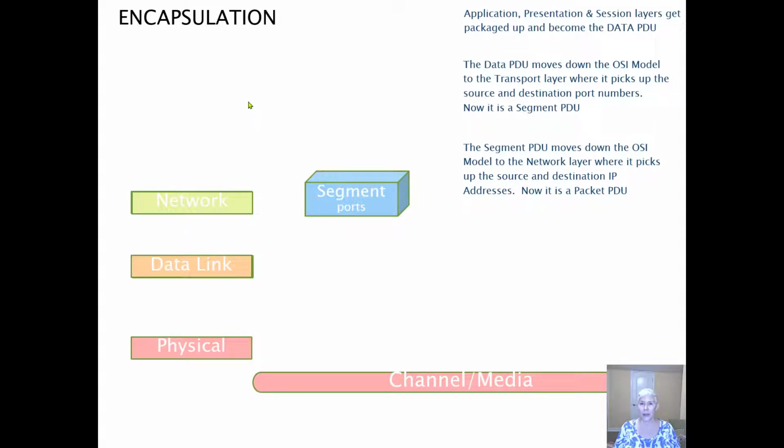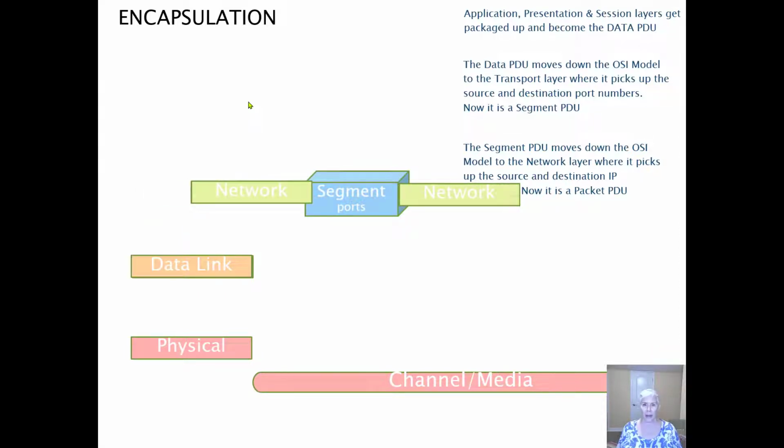And at the network layer, it's going to pick up a source IP address and a destination IP address. Now, an IP address is needed to actually traverse the network to a remote location. Now that it has picked up the source and destination IP address, we call it a packet. The new PDU is called a packet.